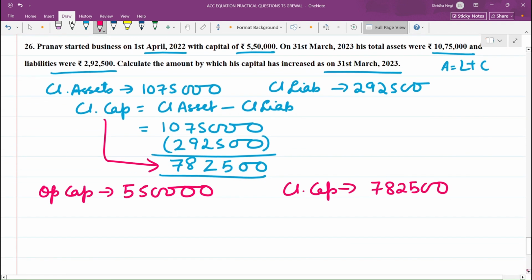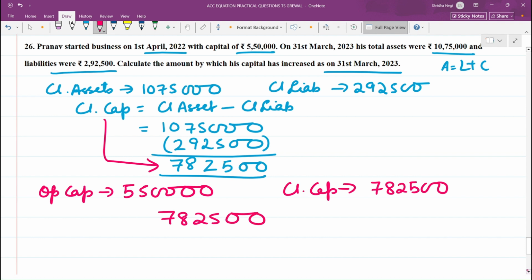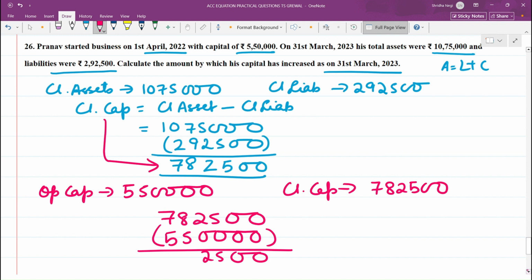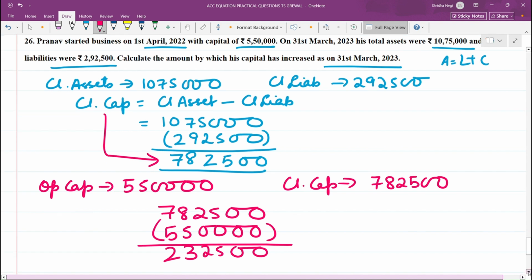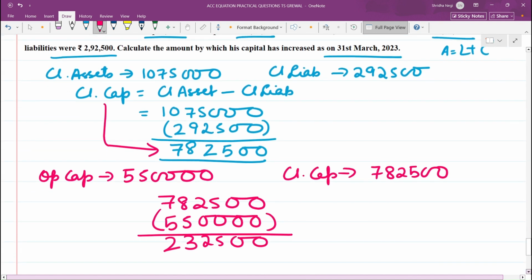We will subtract 5,50,000 from 7,82,500. That will be the difference. So this will be 2,32,500. This is the increase in capital as on 31st March. It's so easy.